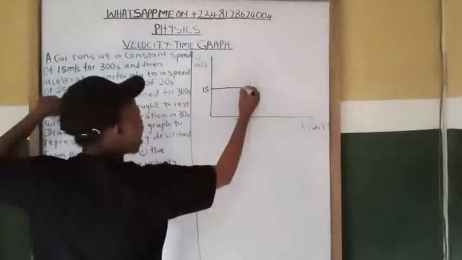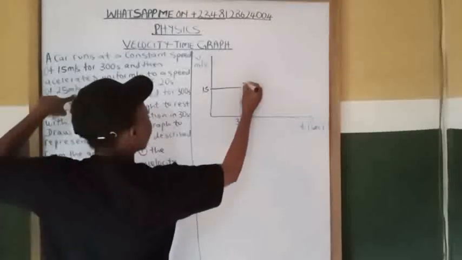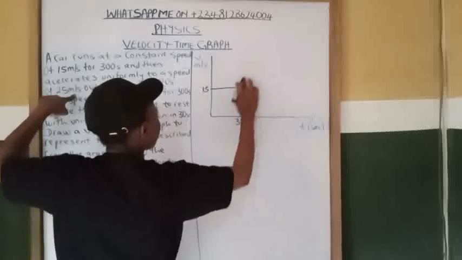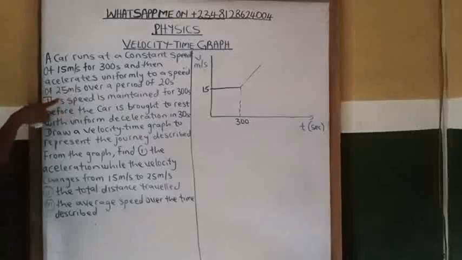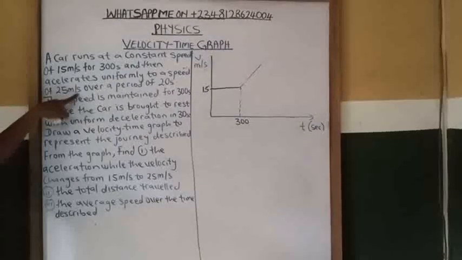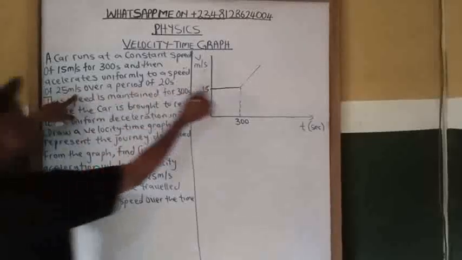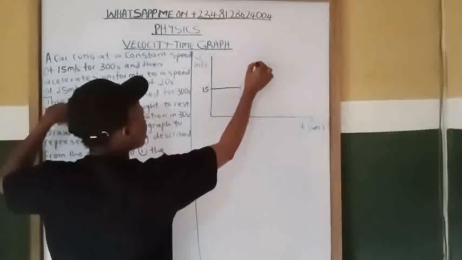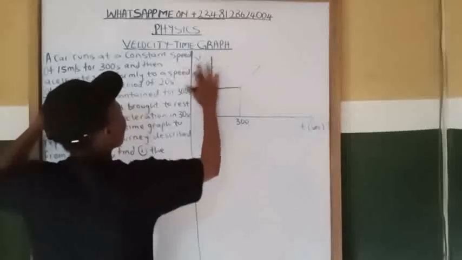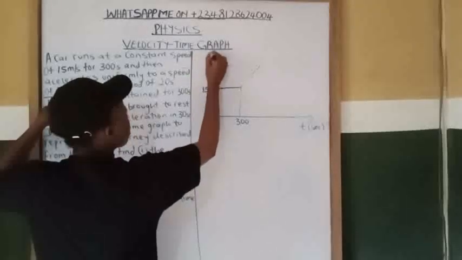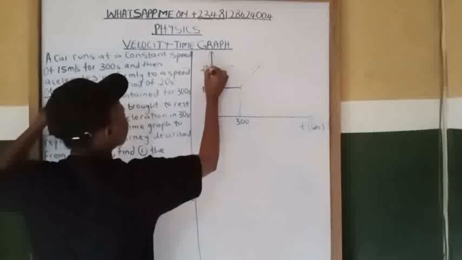So at this point where it stopped, it will accelerate to a speed of 25 meters per second. Your speed is the same thing as velocity. So at this point, this is 25 meters per second.